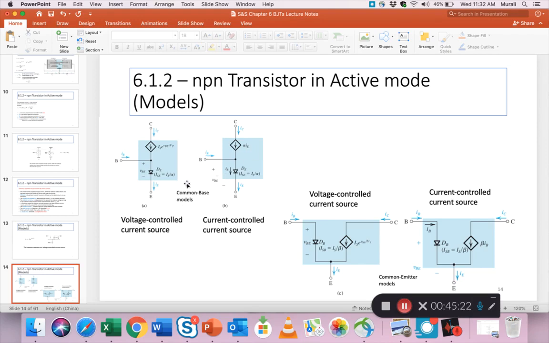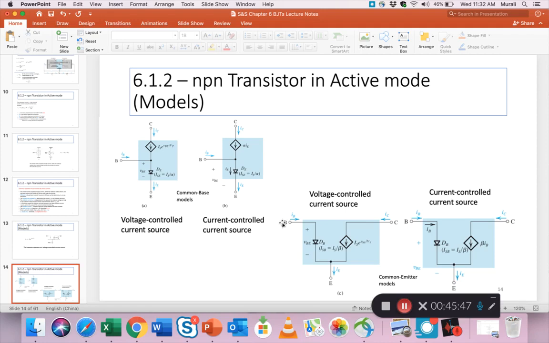Generally these two models are used in what's called the common base connection, while these are used in the common emitter models. Again, you still haven't been introduced to those, so don't get too worried. But just remember that we have the voltage controlled current source appearing twice and the current controlled current source appearing twice.